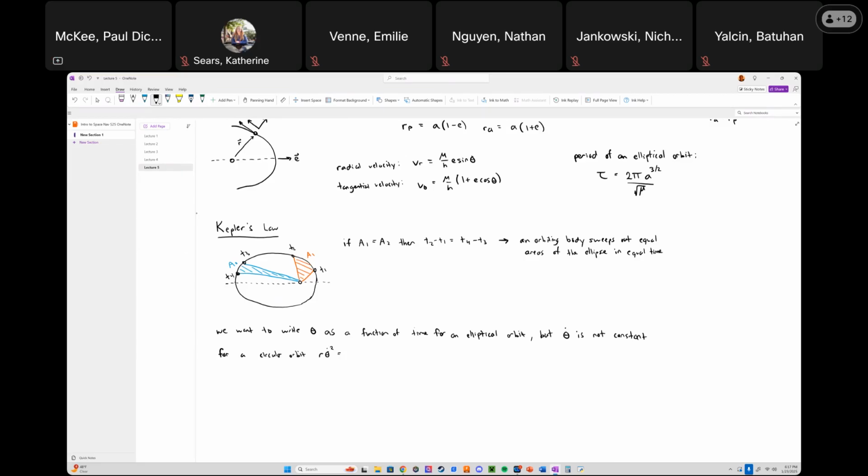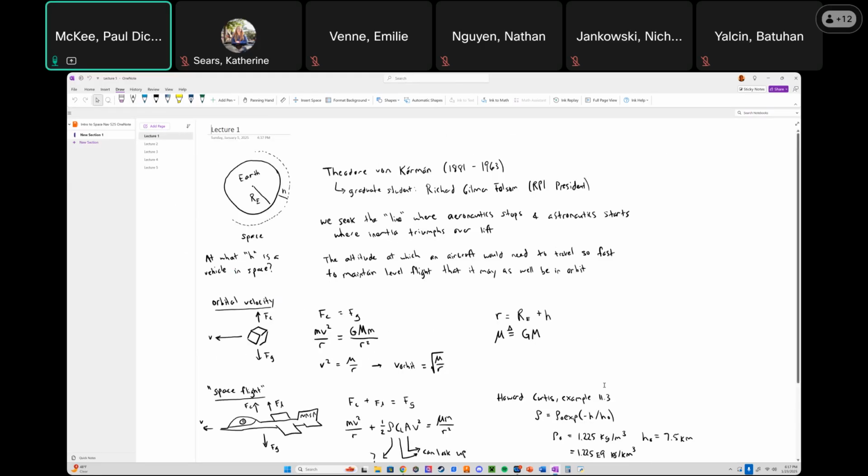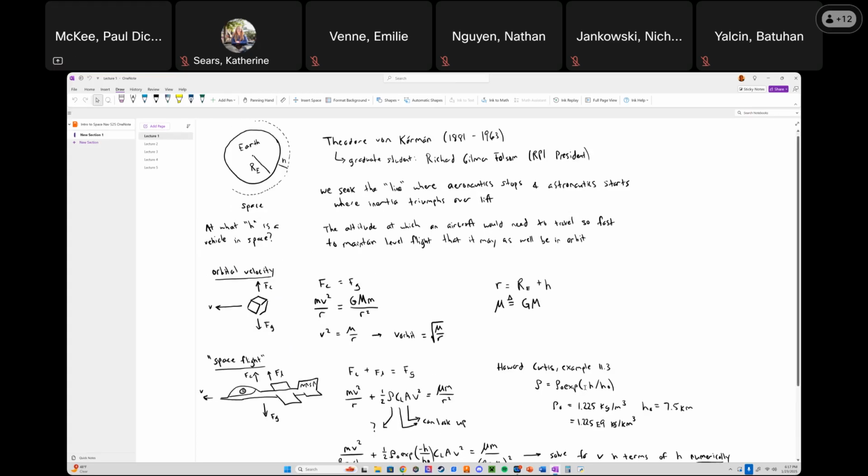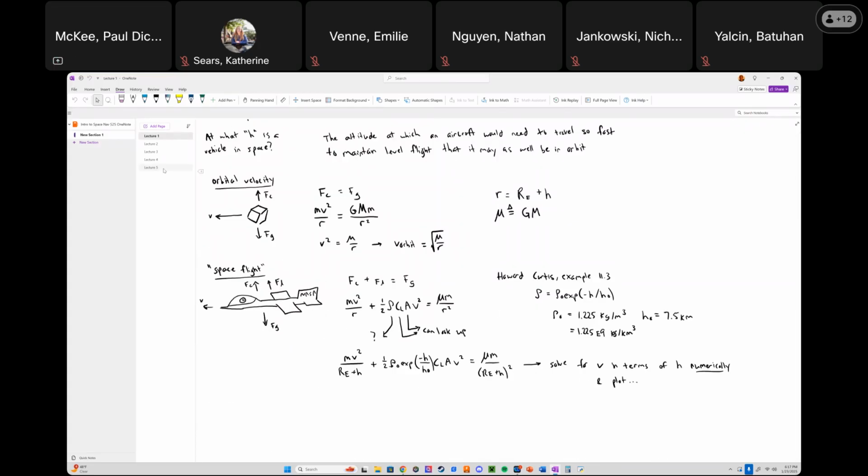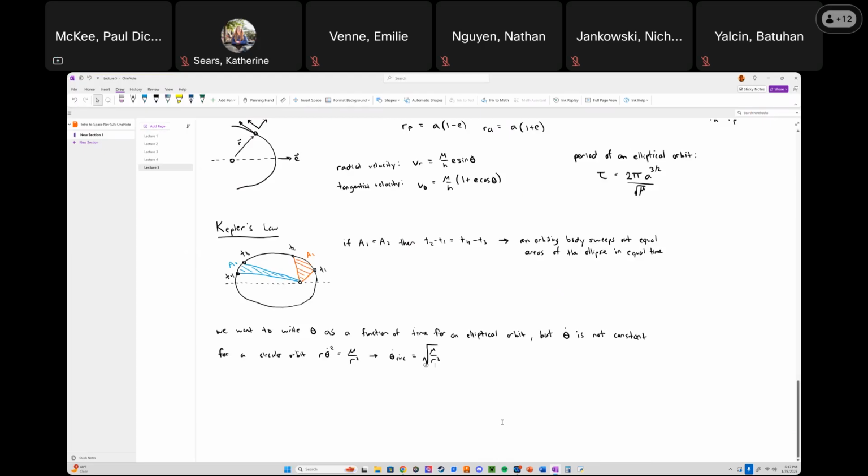R theta dot squared is mu over r squared, or you could say that theta dot circ, which is a constant value, is the square root of mu over r cubed, right, for a circular orbit. I think we actually derived that on the first day. I have to go back through our old notes, did we? Oh, sorry, v is square root of mu over r. We're talking about theta dot, so it's a little bit different. But you get the idea here. Theta dot is a constant for a circular orbit.